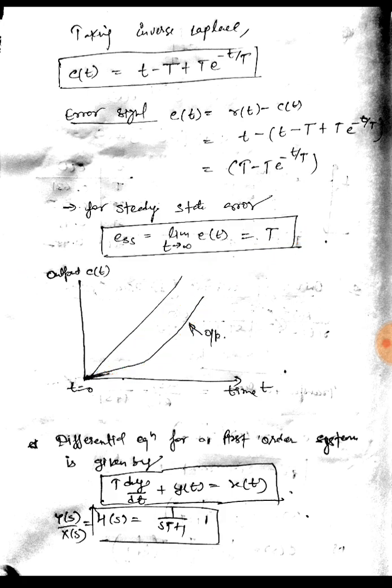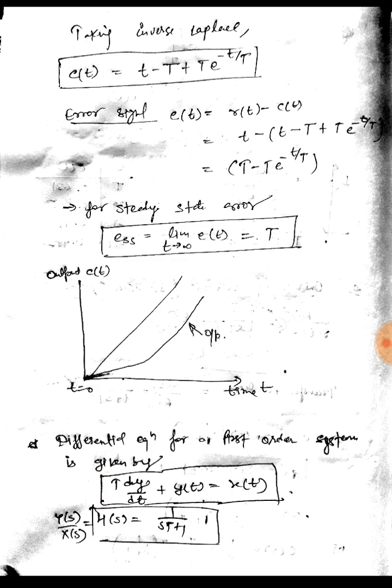Okay, so differential equation for a first order system is given by, we have seen the unit step response and unit ramp response for a first order system. Now we can also see that the differential equation for a first order system can be written as capital T into dy by dt, that is a first order differential, plus y(t) is equal to x(t), where y(t) is the output and x(t) is the input.